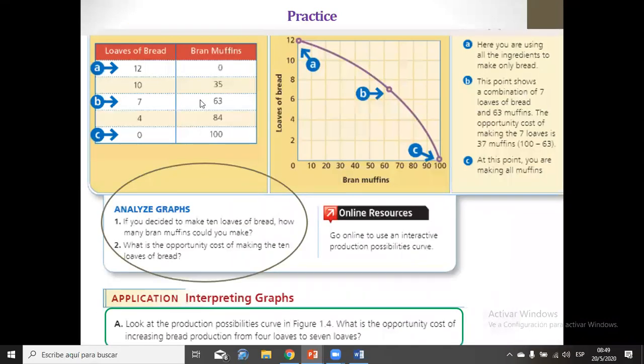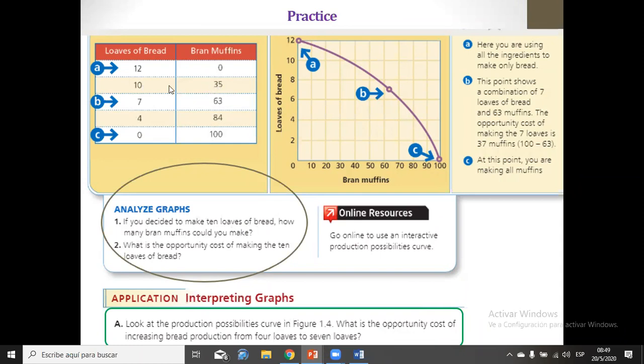Practice. This is the same three figures that we just presented. This is the table, this is the graphic. Over here, there are some questions that you need to answer. If you decided to make 10 loaves of bread, how many muffins could you make? With 10, you won't be able to produce more than 35.